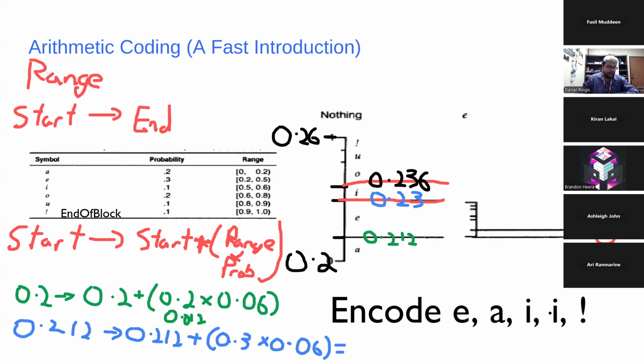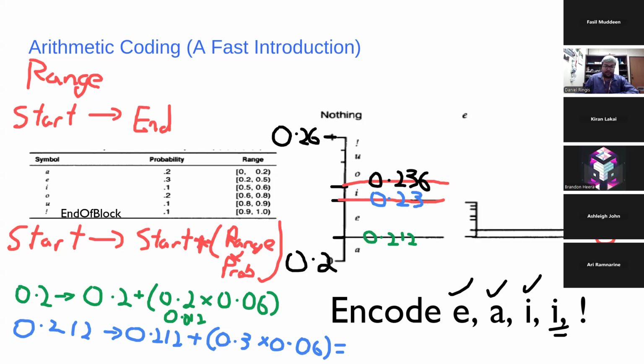So we've done this, this, and this, and we need to do this. We need to go from what will be our new bottom of our range, 0.236, and what will be our top of our range. Sorry, wrong way. That was 0.23 to 0.236. Good.